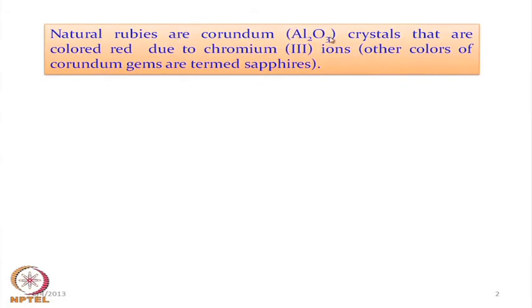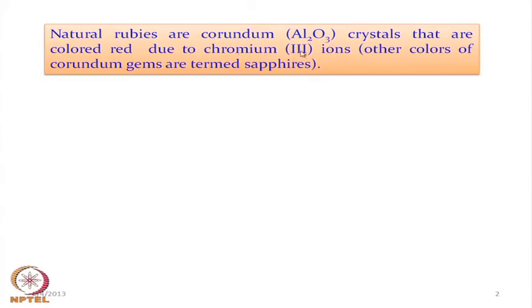So, this can also give us some other example, the ruby. The naturally occurring ruby material is nothing but a corundum crystal based on alpha alumina, sometimes doped with some chromium 3 ions.